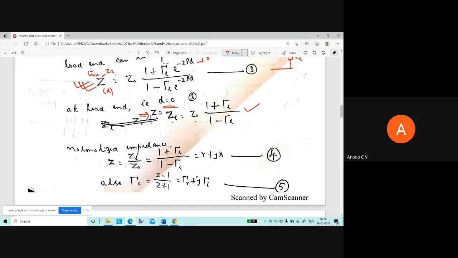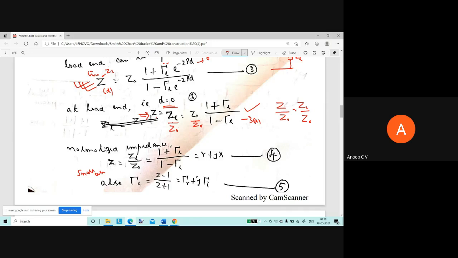Now we need to find the normalized impedance. This is small case z. So the normalized impedance will be capital Z by Z0, that is capital ZL by Z0. I'll call it equation number 3a. If you divide both the left hand side and right hand side by Z0, you get ZL by Z0 equal to Z0 by Z0 into this.